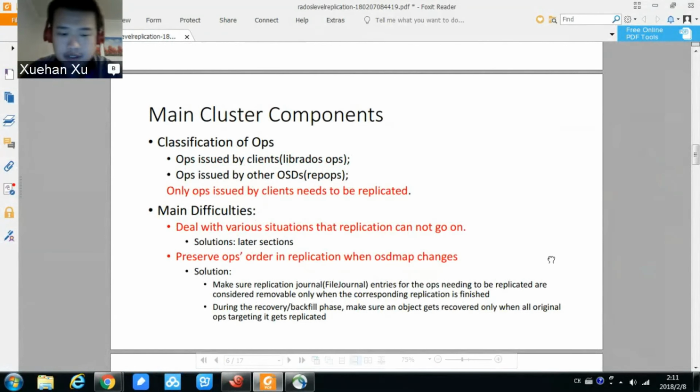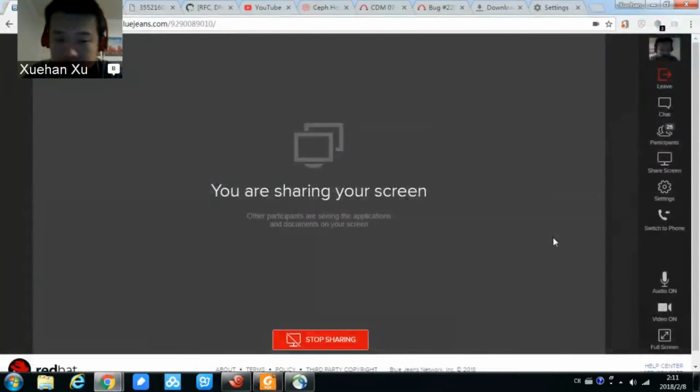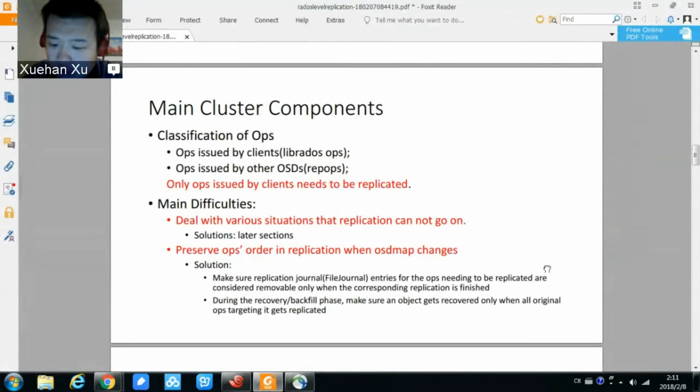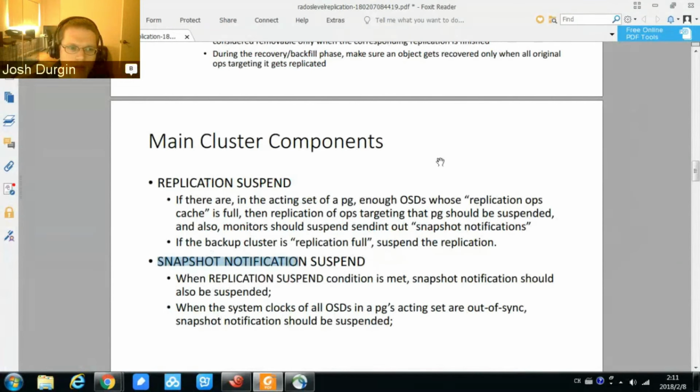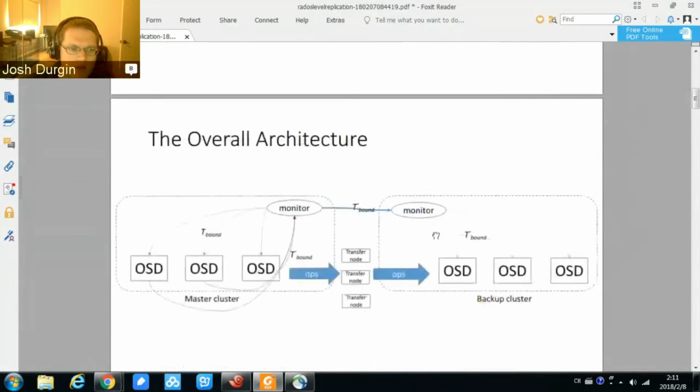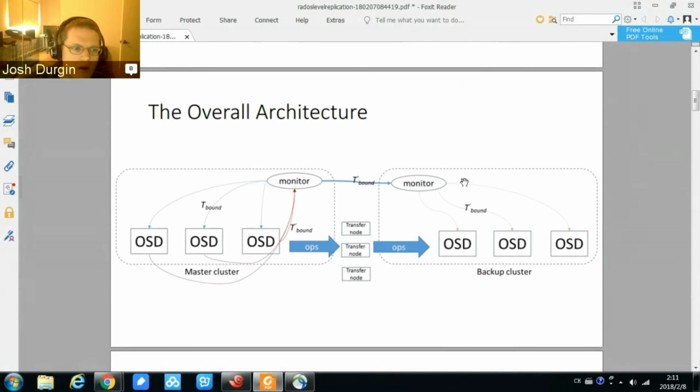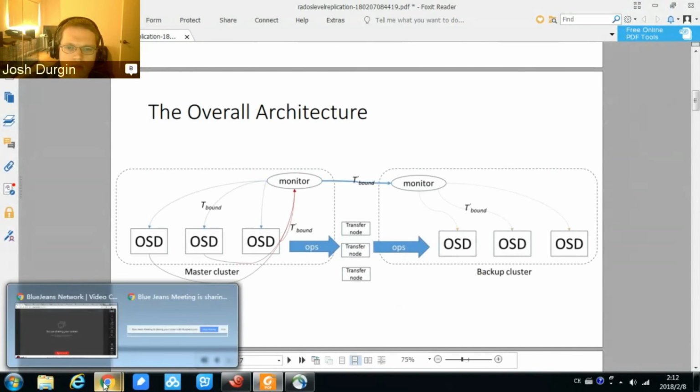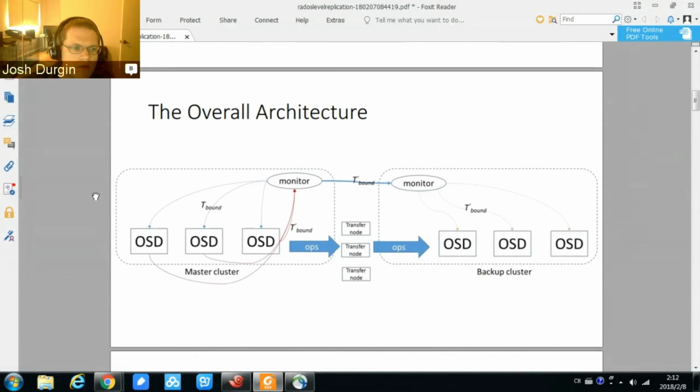You'd mentioned in the original diagram of the architecture a time bound for snapshots. Yes, the T bound there. How are you coordinating those time bounds?